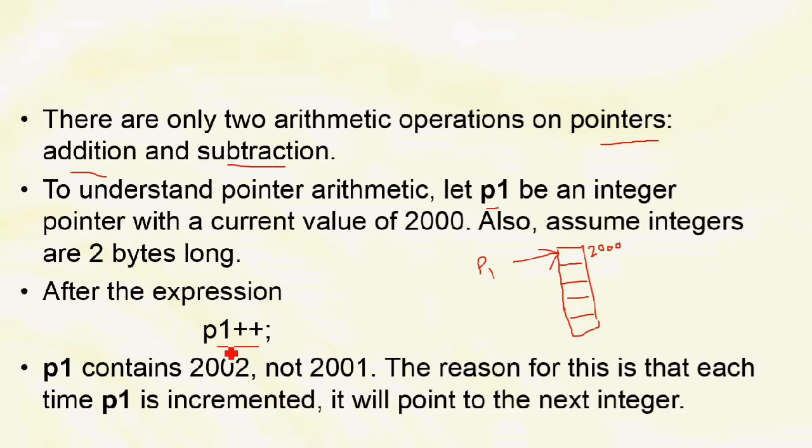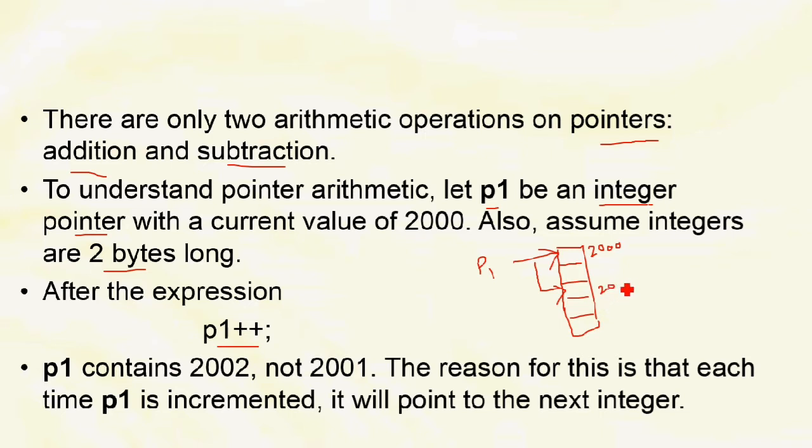But here P1 is a pointer, an integer pointer, and we have taken integer as 2 bytes long. When we perform the increment operation, the pointer value gets added by 2, because for each integer 2 bytes of memory are allocated. While using P1 plus plus, the pointer will go to this location, which is 2002.